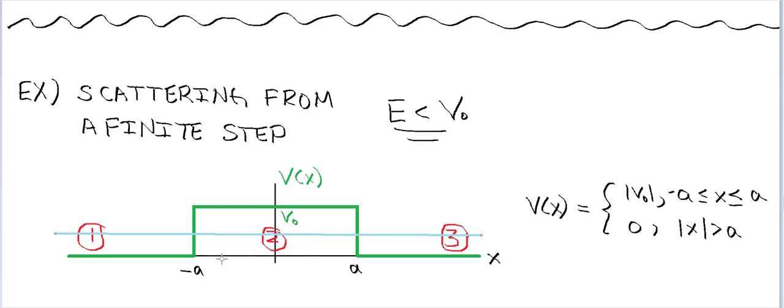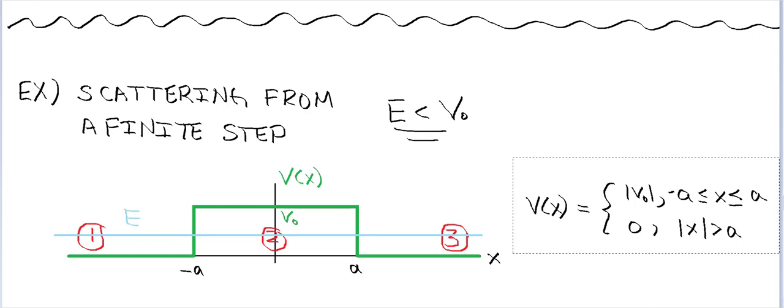There is some chance that this particle can pass through this well, even though classically it shouldn't have enough energy to do so. So I want to look at the case of E less than V naught. So hopefully this is okay.